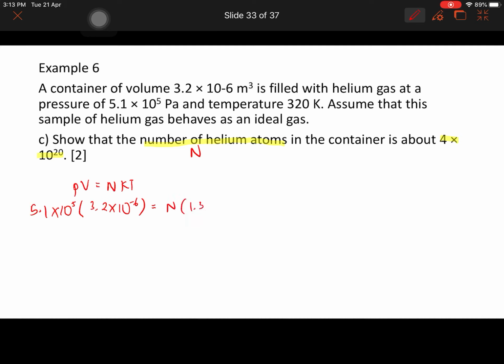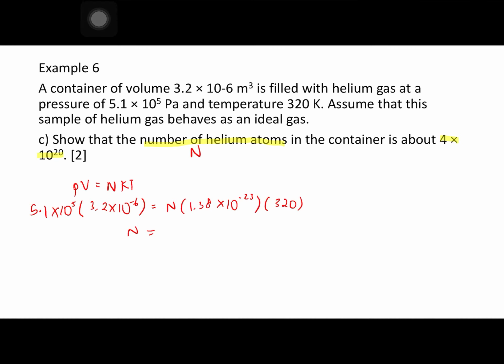N is unknown. k is 1.38 times 10 to the power of minus 23. And T is 320. So from here you can find out what N is, which will give you 3.6756 times 10 to the power of 20 atoms. So that will approximate to 4 times 10 to the power of 20 atoms.